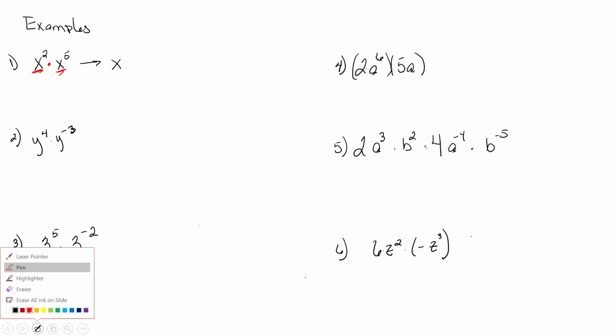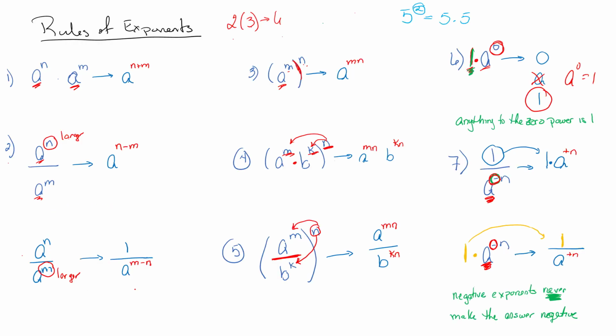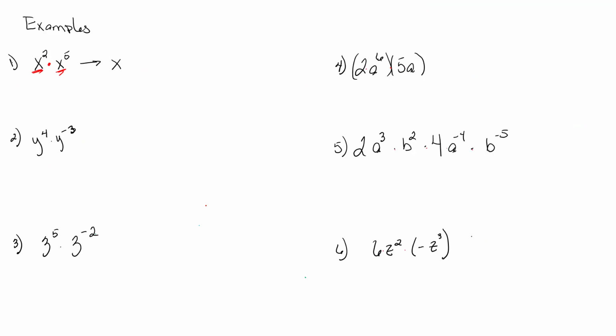And what do you get to do between the two exponents? Well, if you notice on the previous page, that's rule number 1 here. We get to add the exponents. So I am going to take the 2 plus the 5, which will give me a final answer of x to the power of 7.